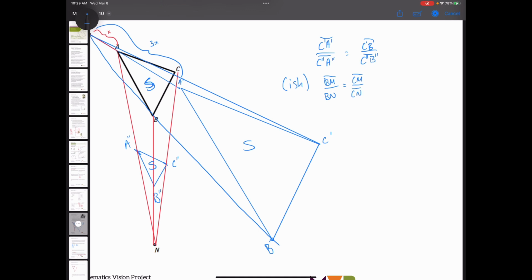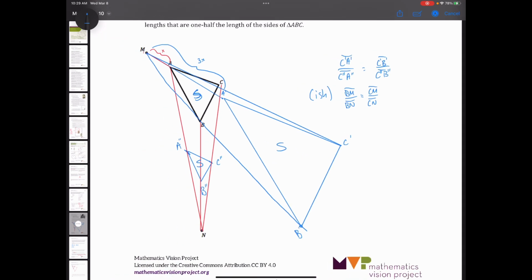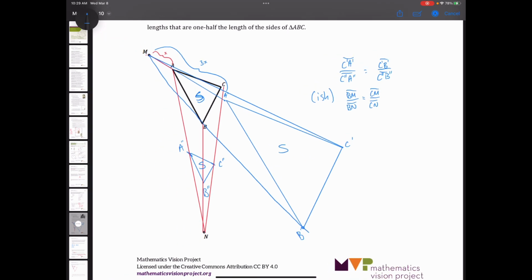BM over BN is equal to CM over CN. Yeah, that should be right. Good. It's probably one that y'all didn't have.